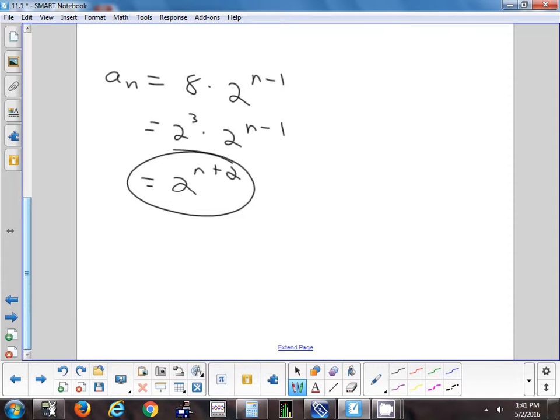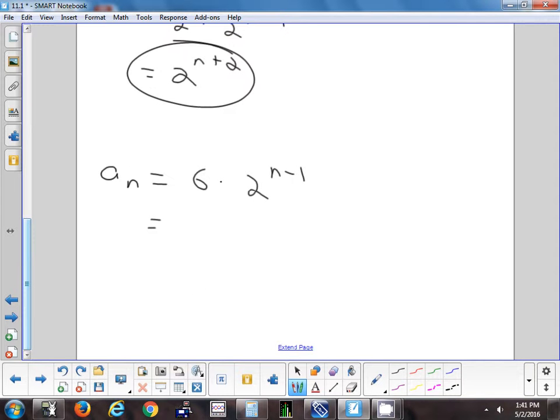What if you had something like this? Anybody think of a way you can rewrite the number 6 with a 2 somehow? It doesn't have to be a power, it could just be a factor.